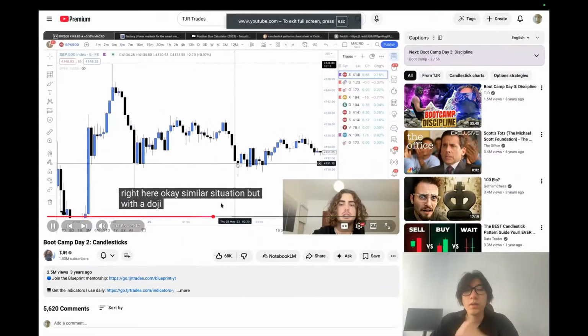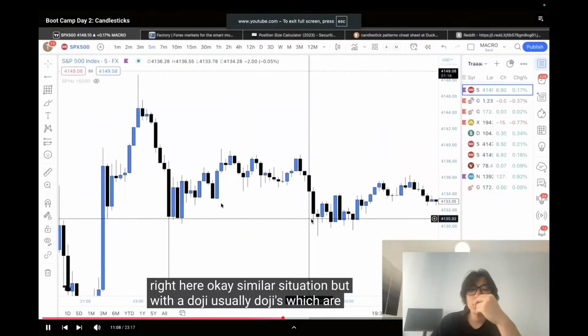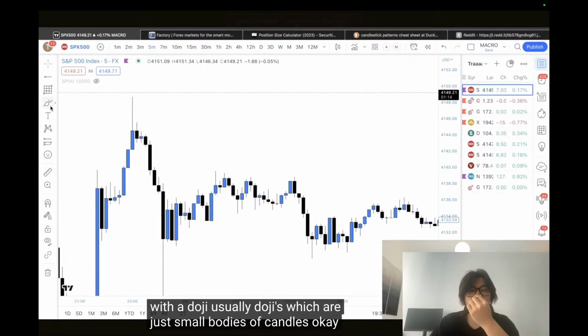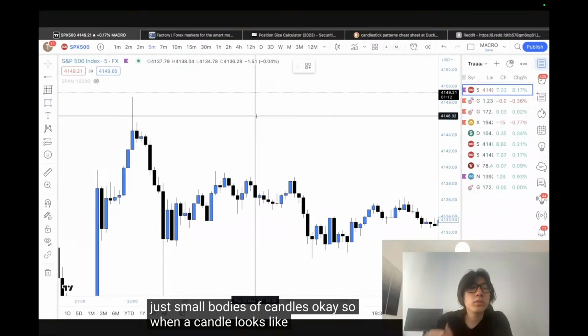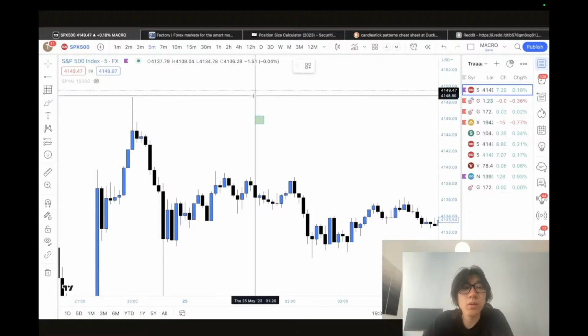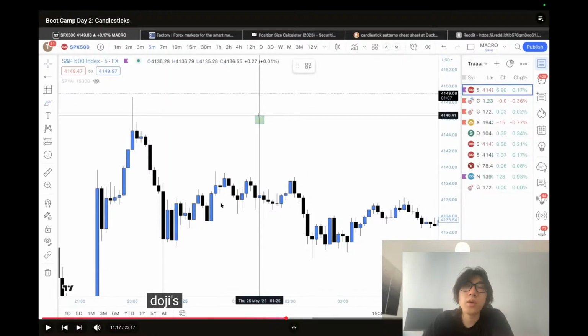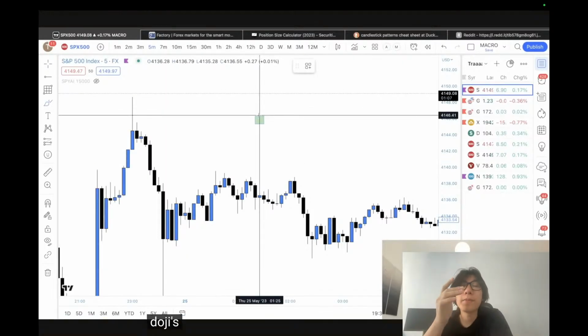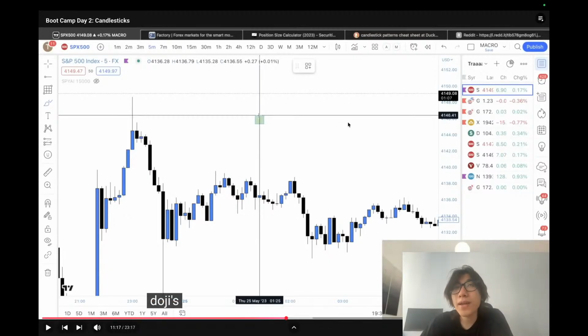Situation, but with a doji. Dojis are candles with small bodies. When a candle looks like this, it's really small. The opening price and the closing price are almost the same, and they have a maximum price, a lowest price, and wicks.